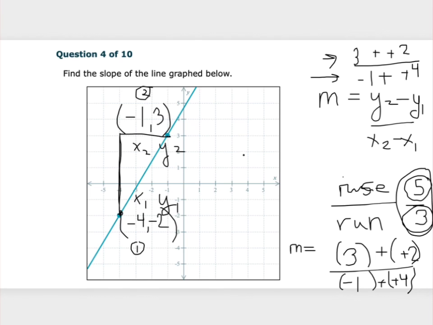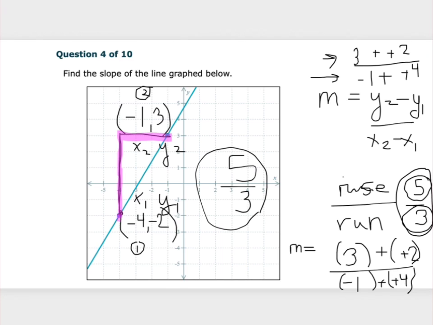So our slope is 5/3. And 5/3 is the same as our rise over our run. So let's just go with a nice highlighter here. Our rise, 1, 2, 3, 4, 5. And our run is 1, 2, 3.